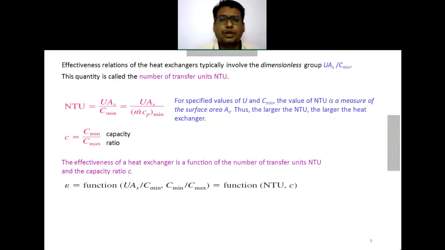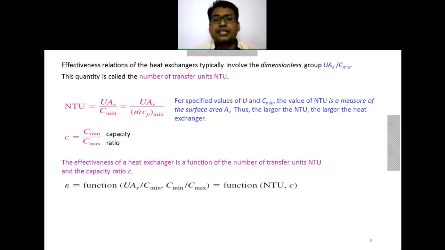So the effectiveness relationship for heat exchangers typically involves dimensionless groups. One is NTU, that is UAS upon C minimum, and the second is the capacity ratio. For specified values of U and C minimum, the value of NTU is a measure of the surface area AS.